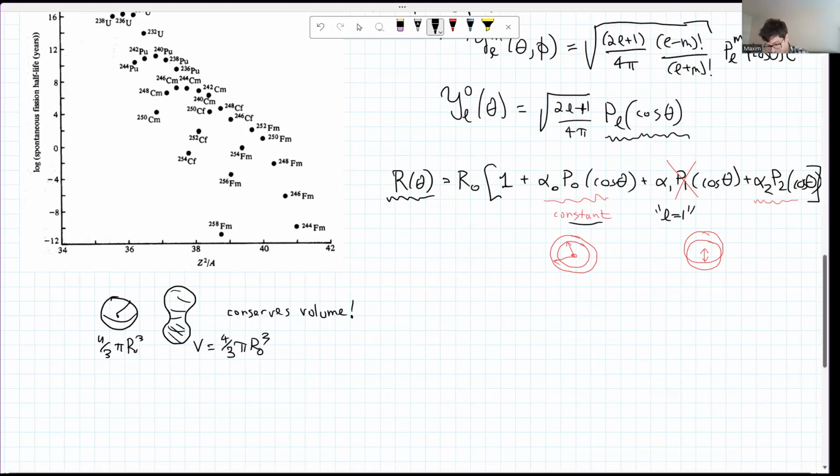So you can work it out. It is a little bit complicated, so I'm not going to do that, but the conserved volume constraint tells us that this R has the following form. It's 1 minus, now I'm going to assume that the deformation is small, so I'm going to call this epsilon, meaning some small amount of deformation.